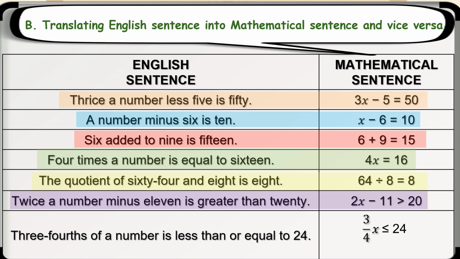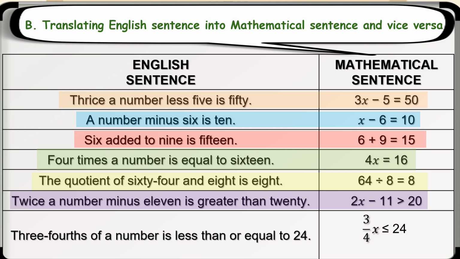Minus 11 means we will subtract 11. Is greater than 20 means we will use the symbol for greater than before 20. Therefore, our mathematical sentence will be 2x minus 11 is greater than 20.